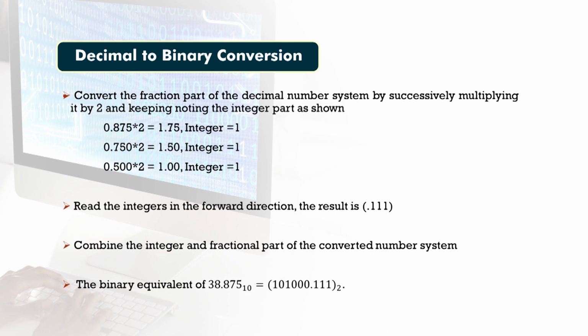Again we multiply it by 2, so we get 1.00. That means there is no fractional part. So we have got 111. To read the integers in the forward direction, we get the result as 0.111.